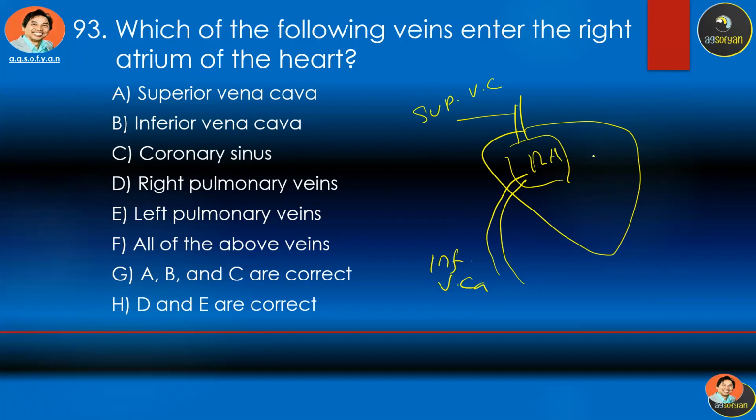And from the heart muscle, there is a smaller vein called the coronary sinus. There are 3 blood vessels entering the right atrium, and all of them carry poor blood, because it has been used by our tissue. So superior, inferior, and coronary sinus.